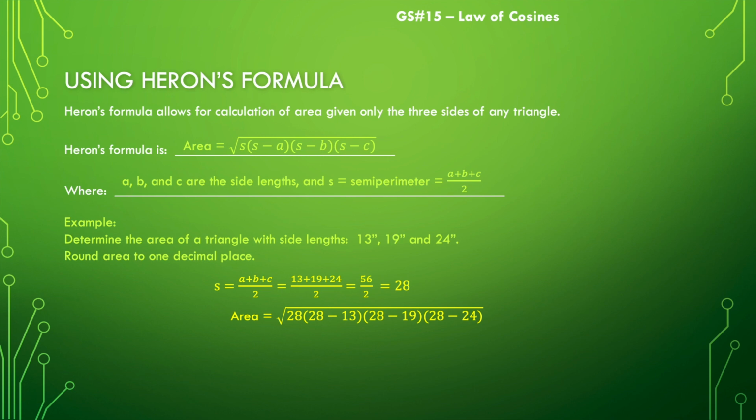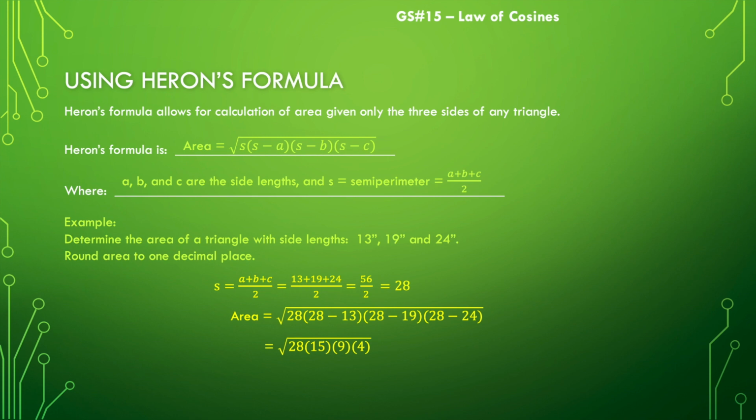So our area is going to equal the square root of 28 times (28 minus 13) times (28 minus 19) times (28 minus 24). Let's simplify what's in each of those sets of parentheses. Our area will equal the square root of 28 times 15 times 9 times 4.